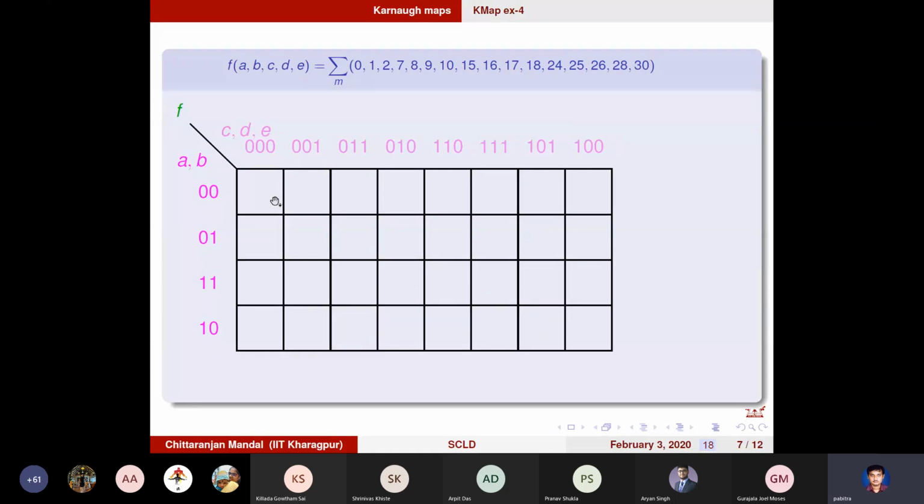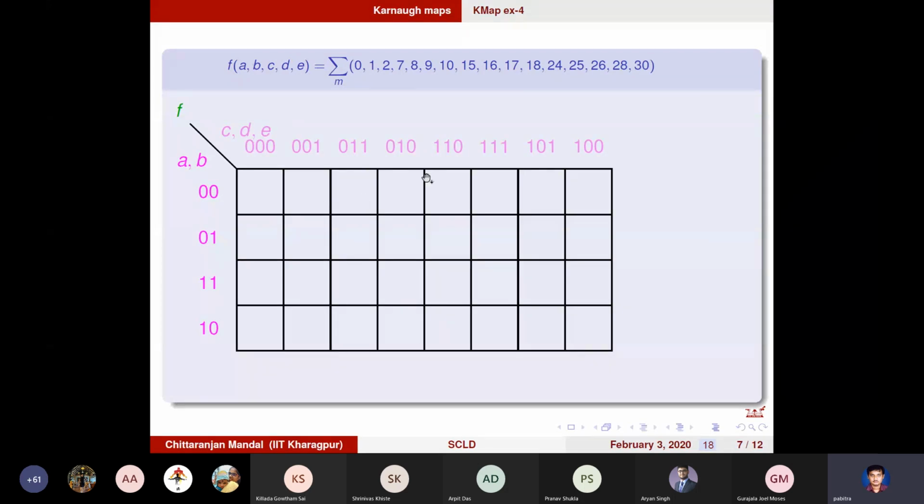All right, so now let's move on to Karnaugh maps involving 5 variables A, B, C, D, and E. So let us see how to do that. The way you do this is that you look at the pattern.